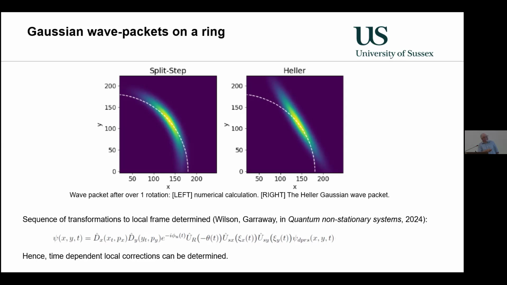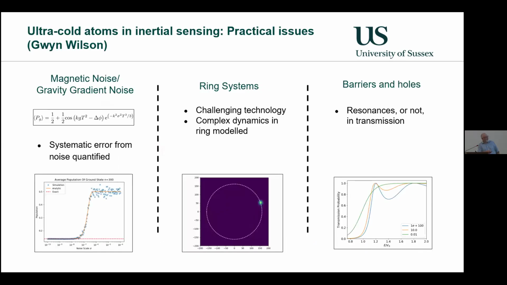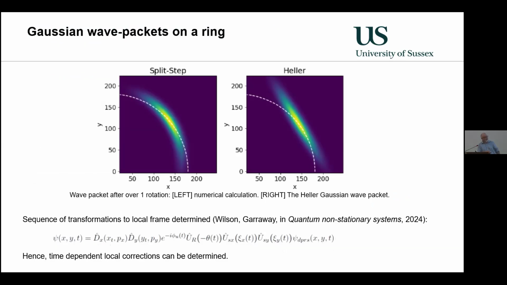So we know what the tilt is that you see in the previous slide, that going around there, it's sort of skidding around. So we know all that detail. That's been developed into a set of transformations that would take us from a Gaussian, which has got equal widths in X and Y, to exactly this state here on the right. Now that's good enough in a sense, because we know the precise angle from the tangent that comes from that analysis. It doesn't give us some of the fine details.